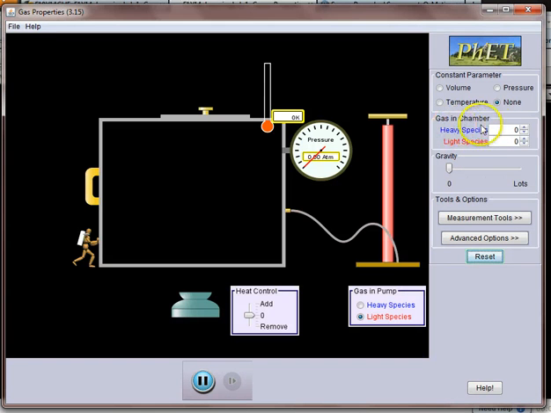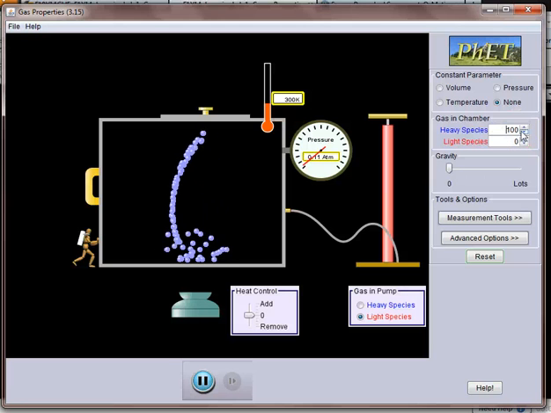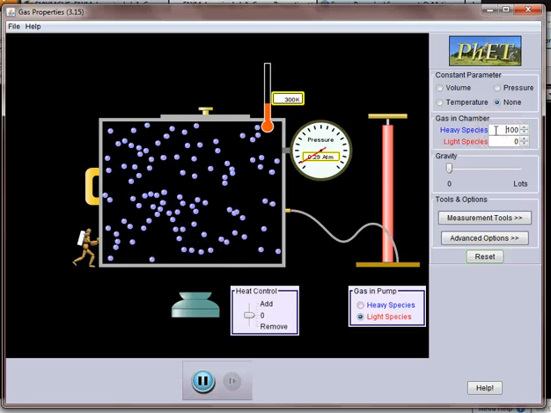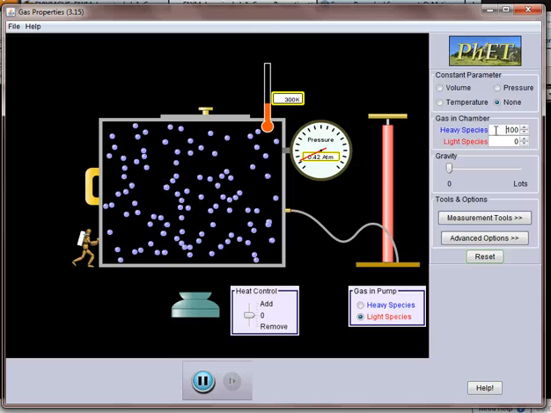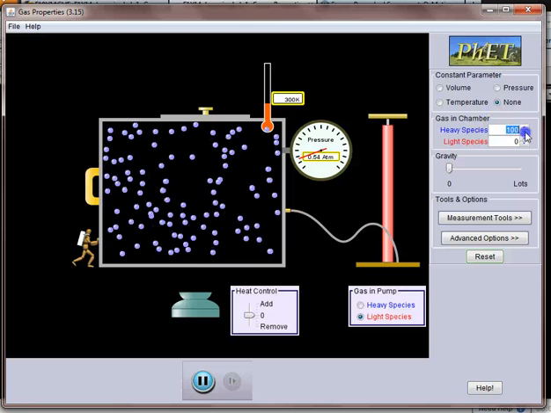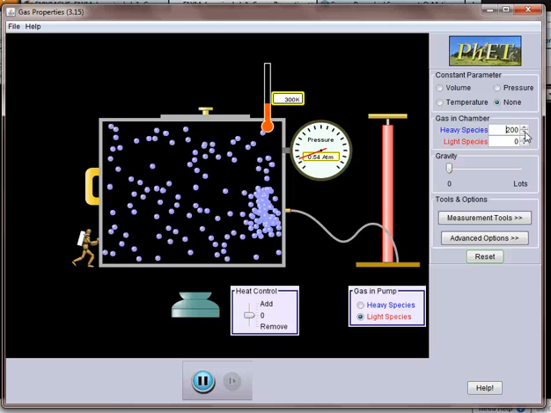To insert the particles, let's say we want 100 particles in the chamber. We enter 100 into this heavy species box, and then hit enter, and 100 particles will go in there. If you want to insert 100 more particles, you simply change the number to 200 and hit enter.